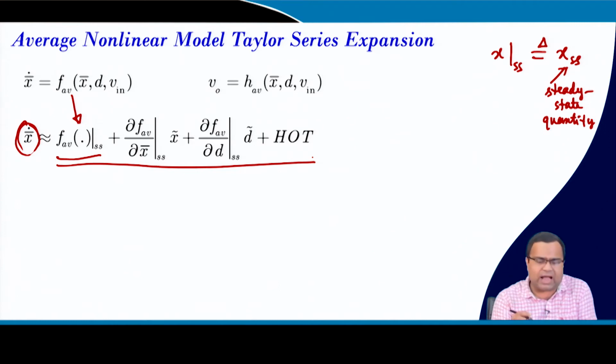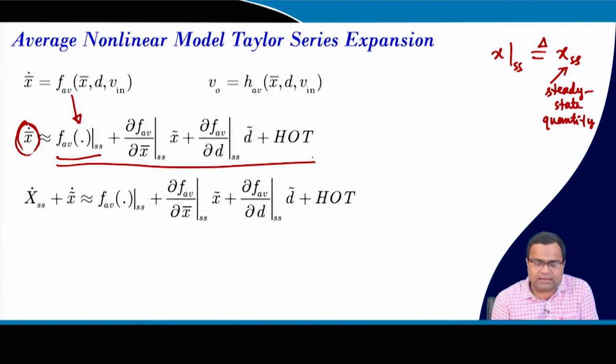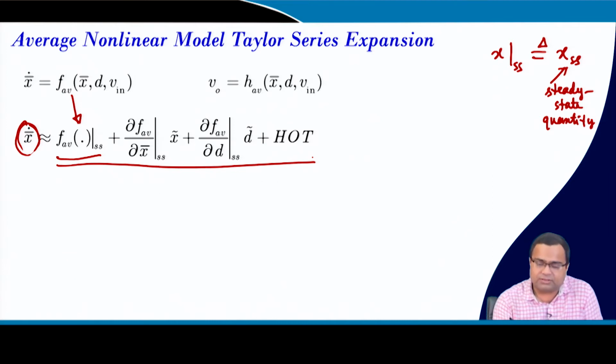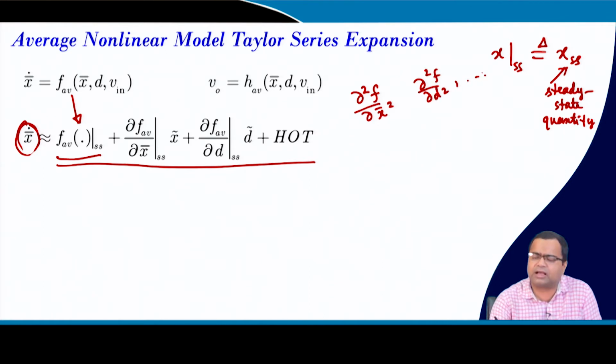So, what is the higher order term? If we write down the higher order term, it consists of the second partial derivative of f with respect to x, the second partial derivative of f with respect to d, and other higher order terms, clubbed together as the higher order term.